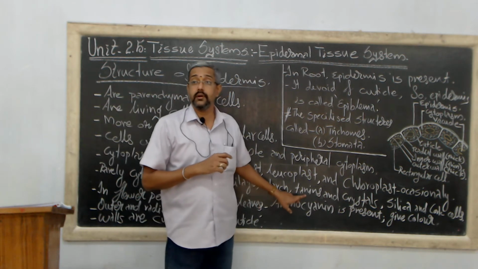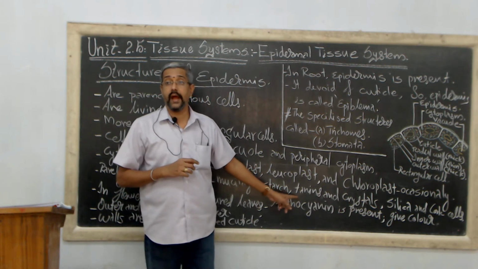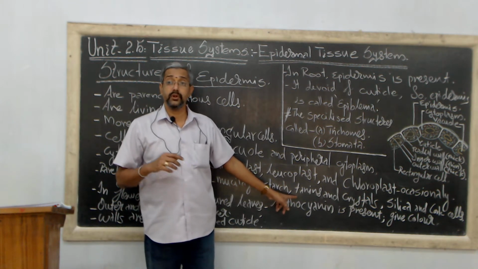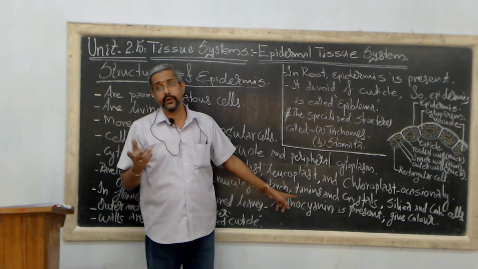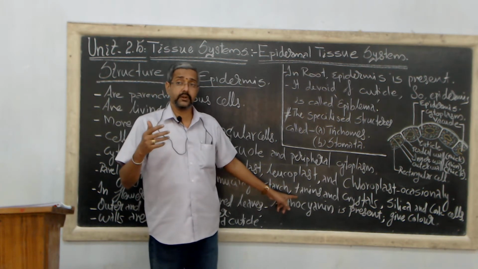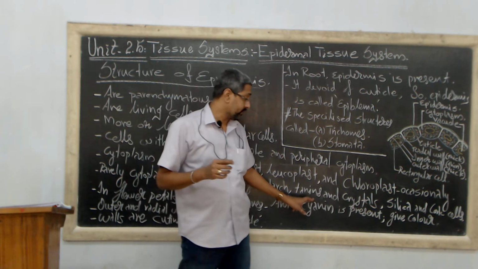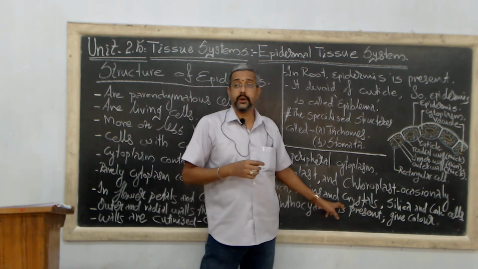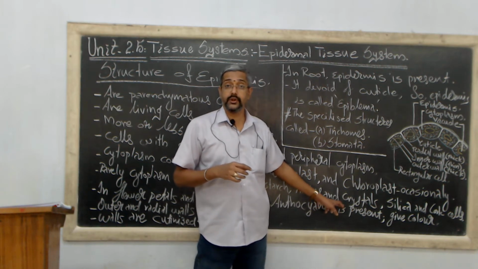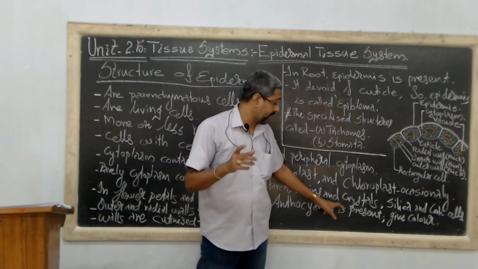We can see tannins especially in gymnosperms and also in some species of angiosperms, where the epidermal cells contain tannins, and also some crystal-like substances deposited inside the epidermal cells.